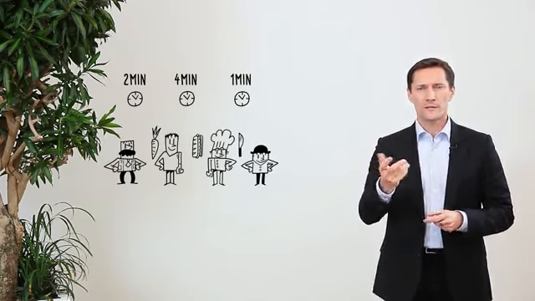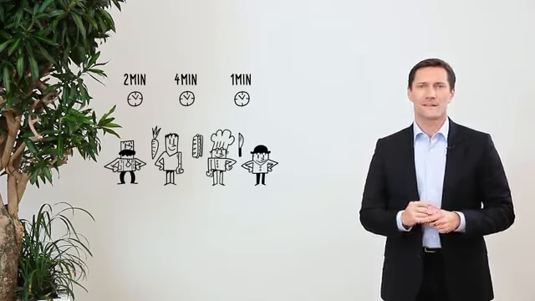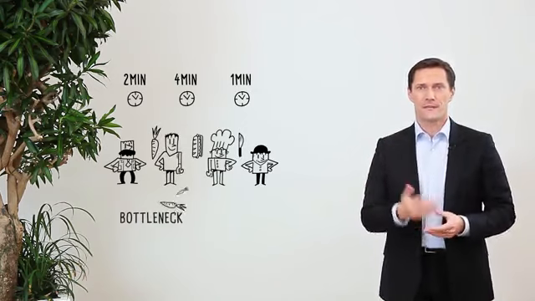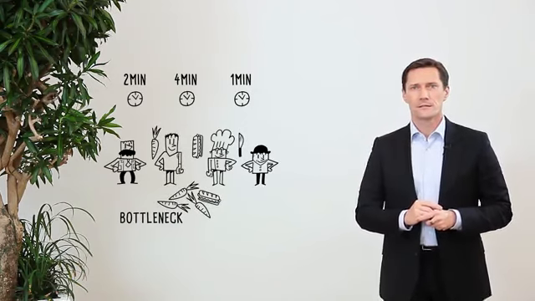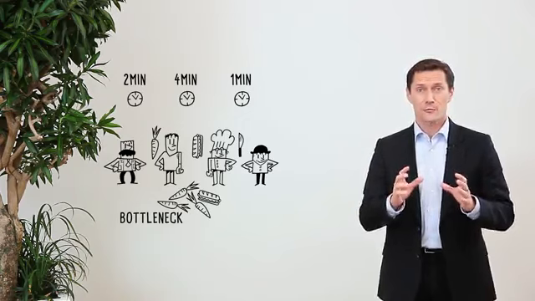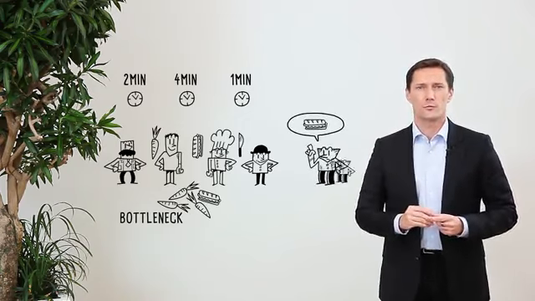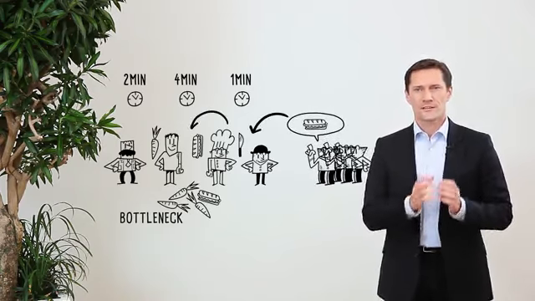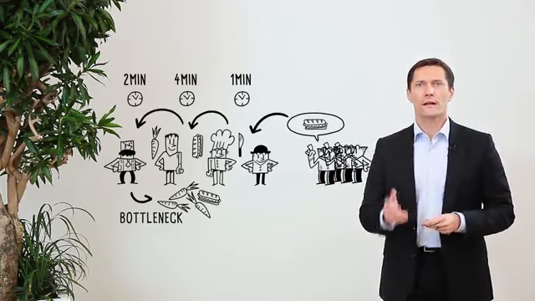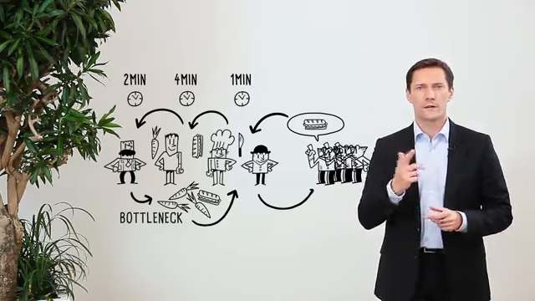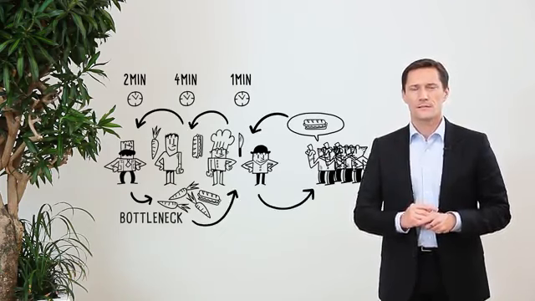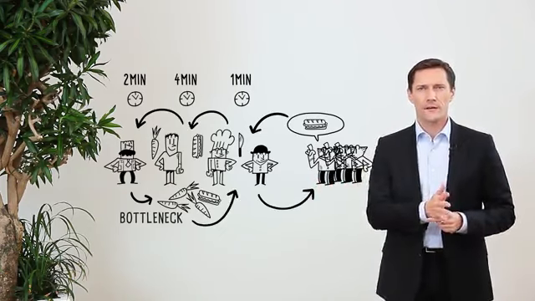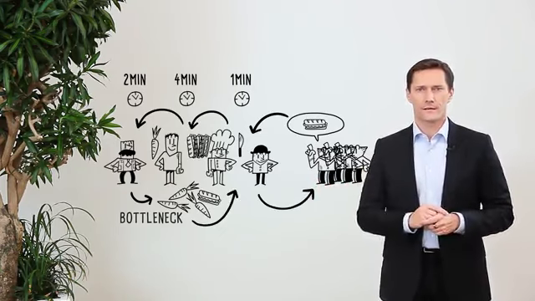Do you see already the issue? Well, workstation B, that's the bottleneck. That's the reason why your customers have to wait, because the whole value stream cannot work according to the required TACT time of 2 minutes. In addition, in front of B, you will find a lot of sandwiches waiting.